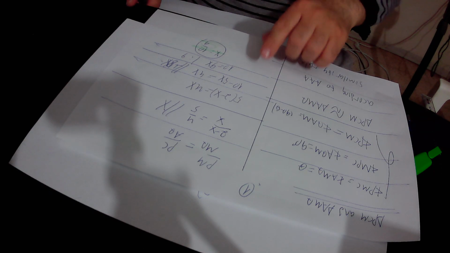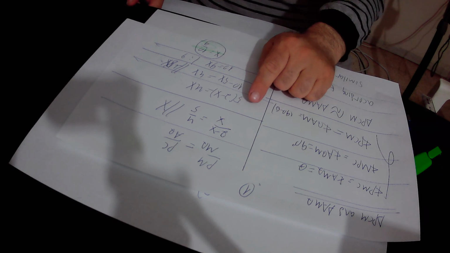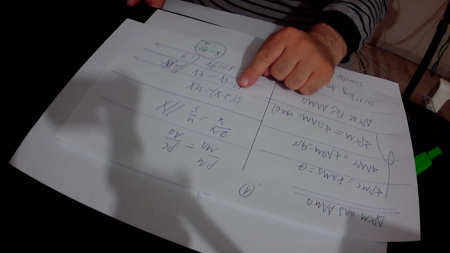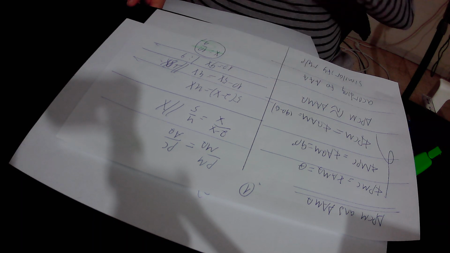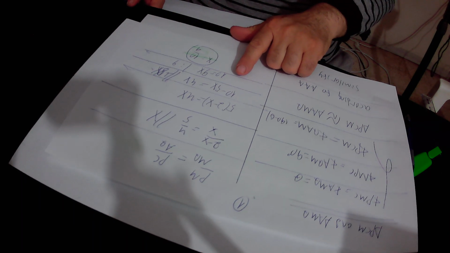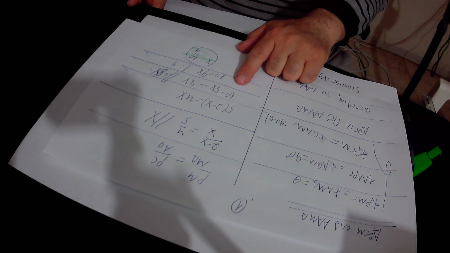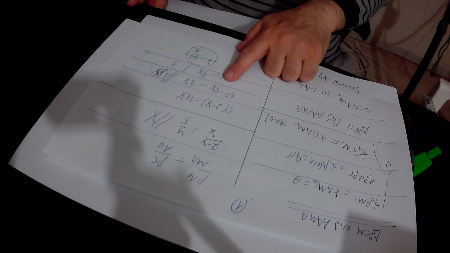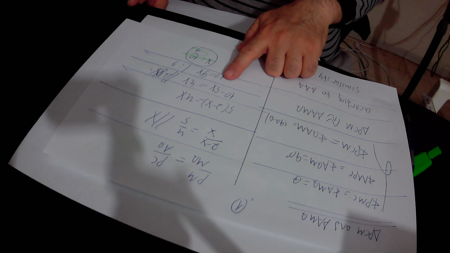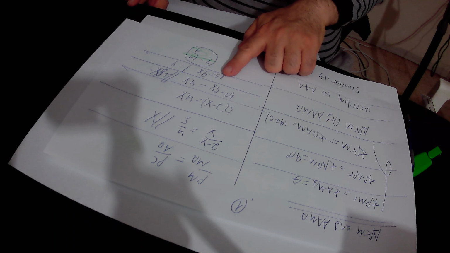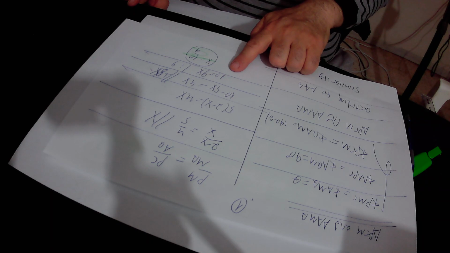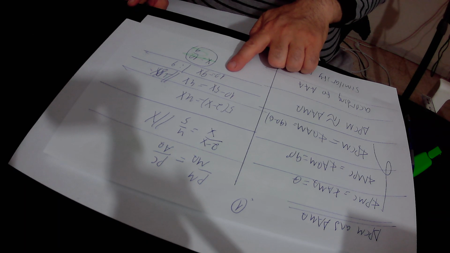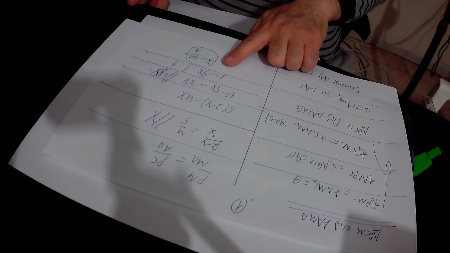Here we cross-multiply and find that 5 times 2 minus x equals 4x. Opening the brackets, 5 times 2 is 10 and 5 times minus x is minus 5x. So 10 minus 5x equals 4x. We add 5x to both sides and find that 10 equals 5x plus 4x, which is 9x.